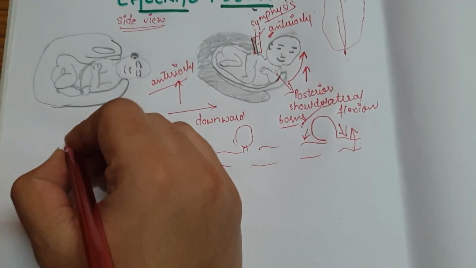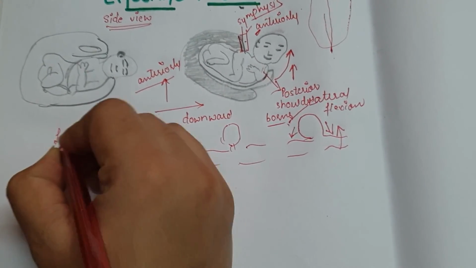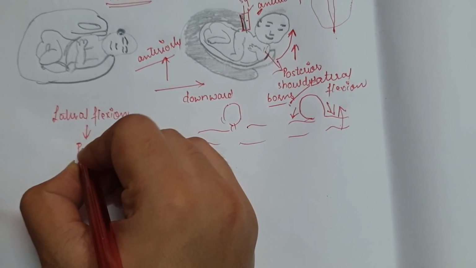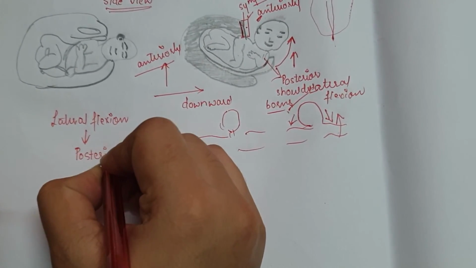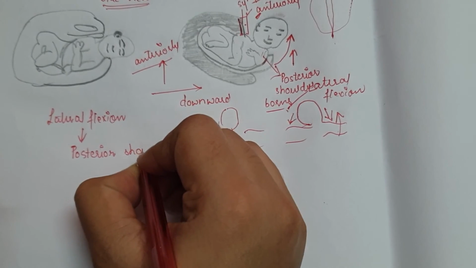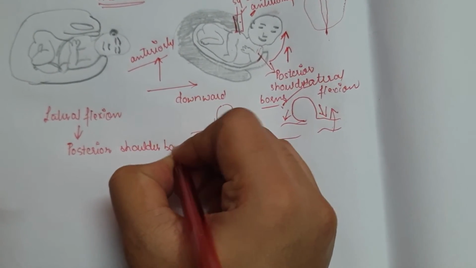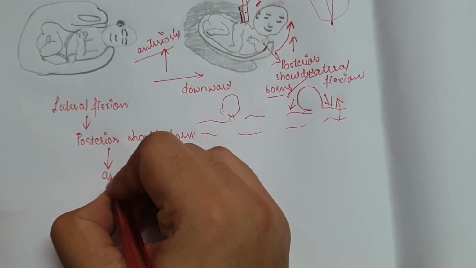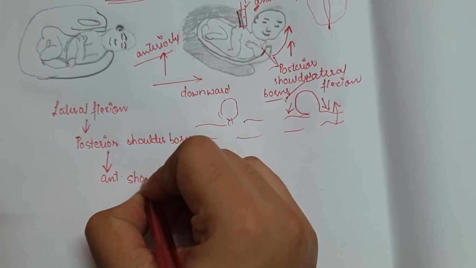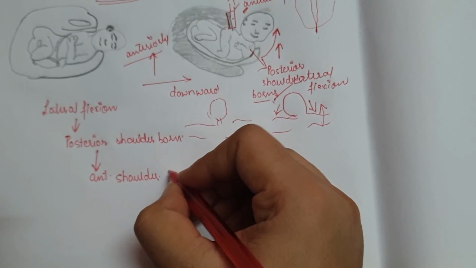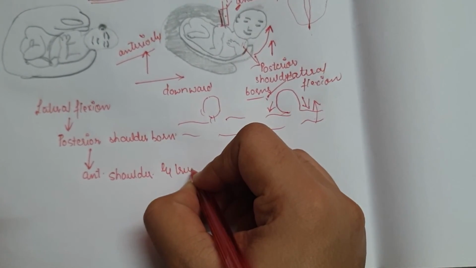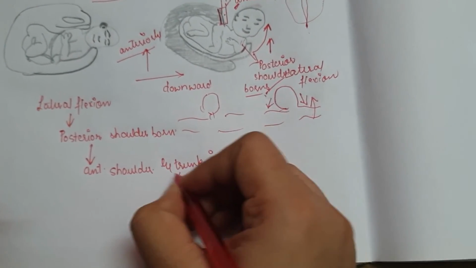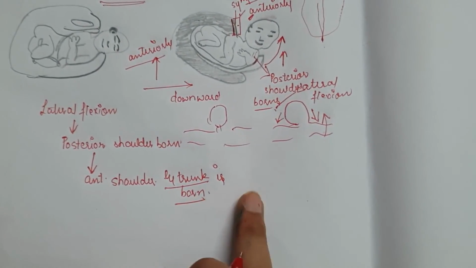So with the help of lateral flexion, firstly the posterior shoulder is born, and then the anterior shoulder and the trunk are born without taking much time.